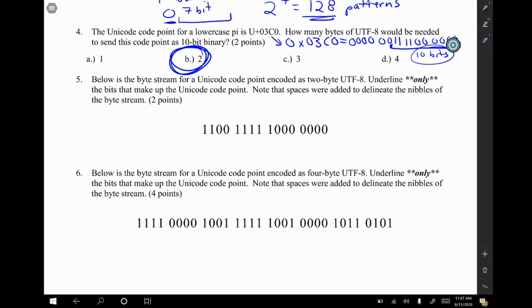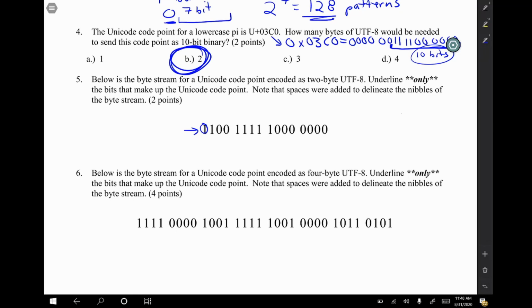This brings us to problem number 5. Now, problem number 5 shows us a byte stream in UTF-8. All right? And what we're supposed to do is distinguish the control bits, the ones that identify what type of byte this is, from the data bits, the code point bits. Now, if we start on the left-hand side, we'll see that the first bit is a 1.